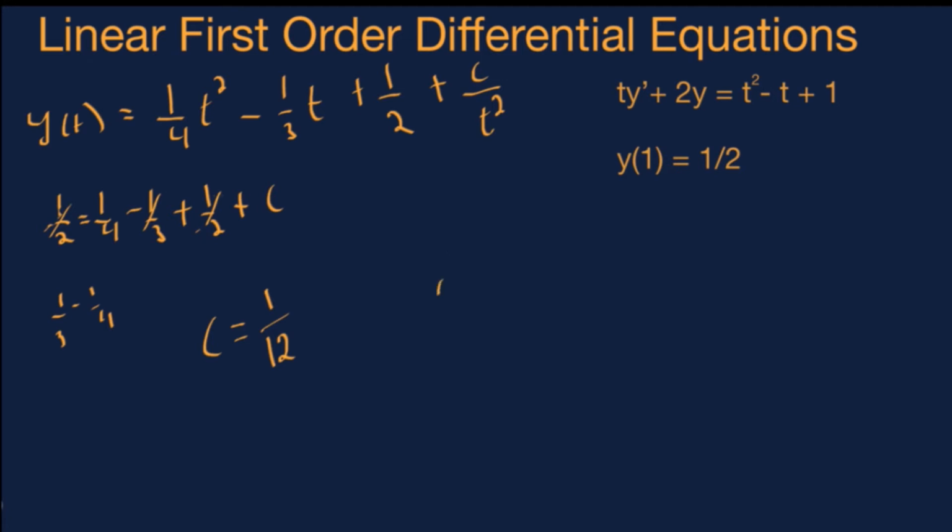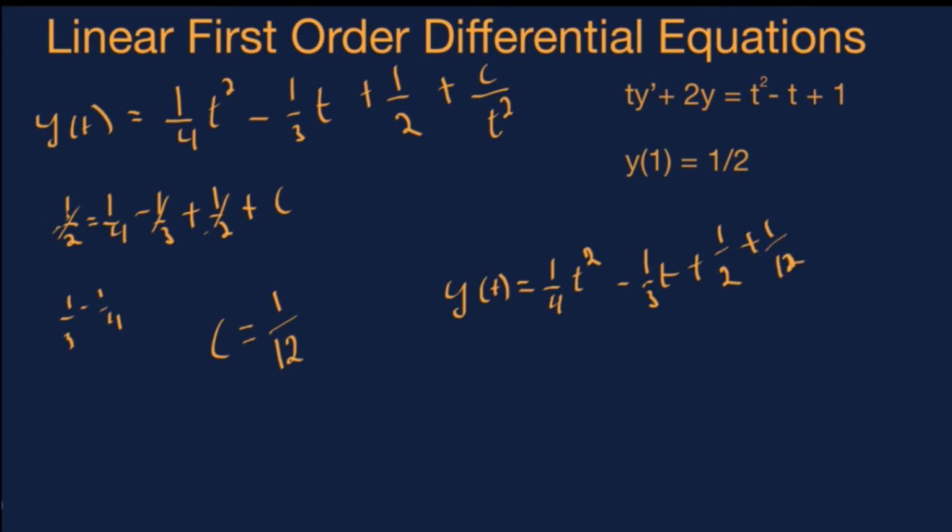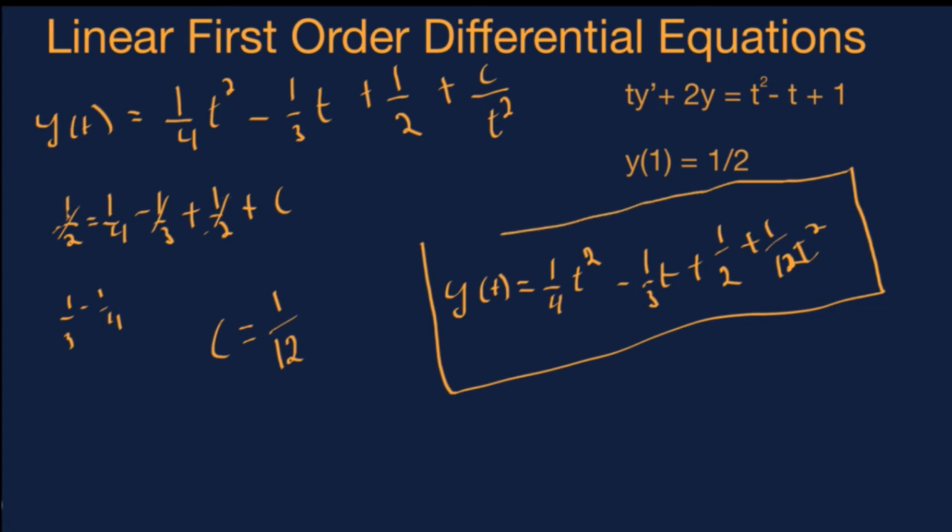And that solution is y of t is equal to 1/4 times t squared minus 1/3 times t plus 1/2 plus 1 over 12 t squared. And that is the particular solution that satisfies the initial condition.